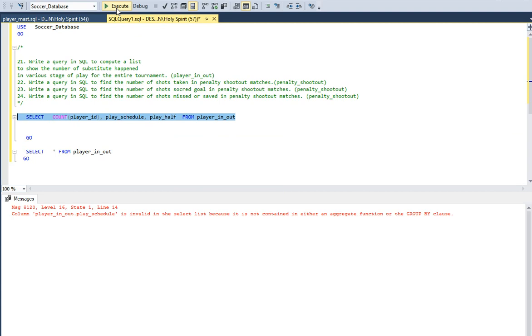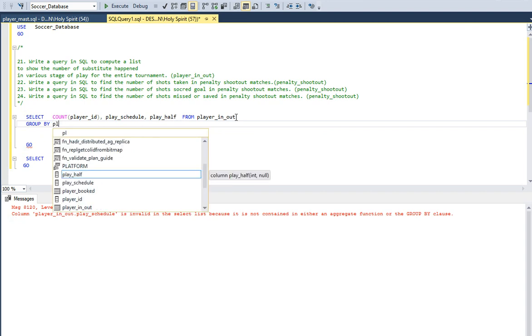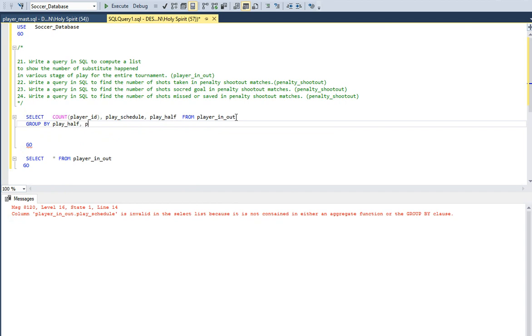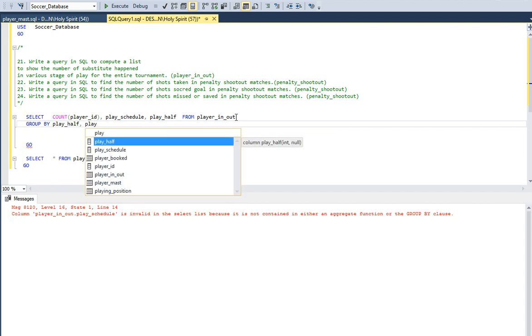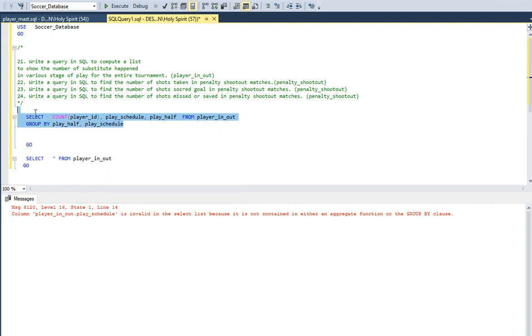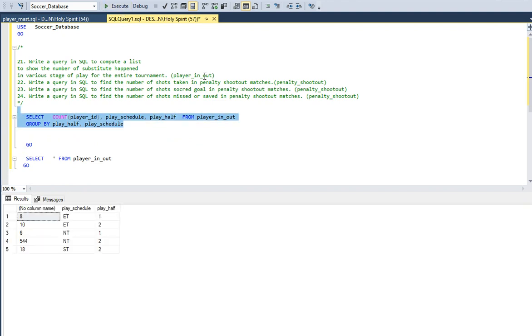Execute, because it's not an aggregate function. Group by play half and play schedule, execute. There we go.